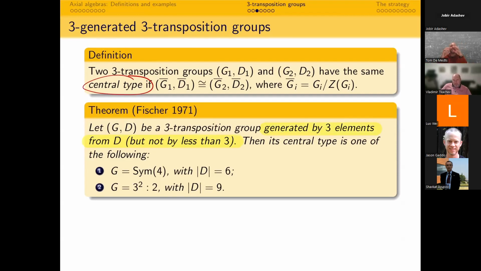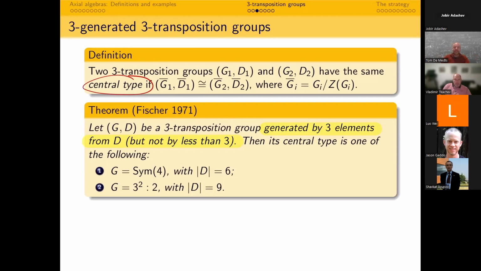And in this case, the central type, so the essential part of the group, is exactly one of these 2 examples that I've drawn, for which I've drawn the picture in the previous slide. So just like SIM4 or this group of order 18. And these are the only 2. And that's not hard to show. It first appeared in a paper by Fisher in '71, but it's really elementary, I would say.